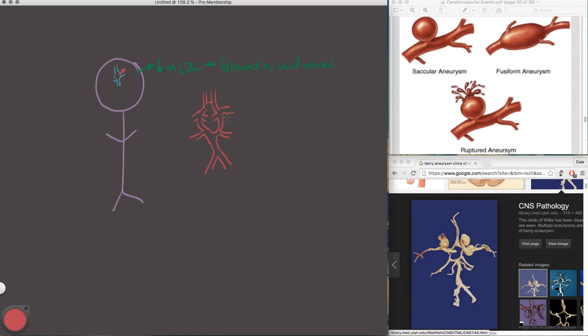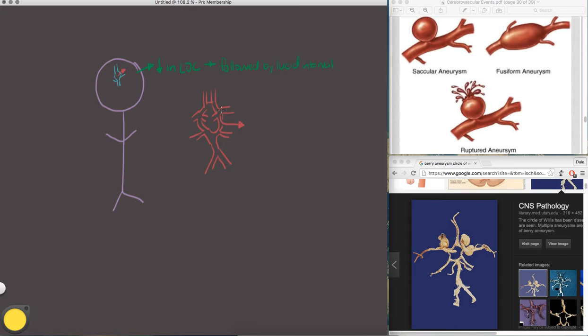So say we have an aneurysm here, or we have an aneurysm that's formed and it's now bursting somewhere in our circle of Willis here. So we're going to start to have blood exiting at a fairly fast rate from this area of the circle of Willis. So blood starts exiting our circle of Willis here.